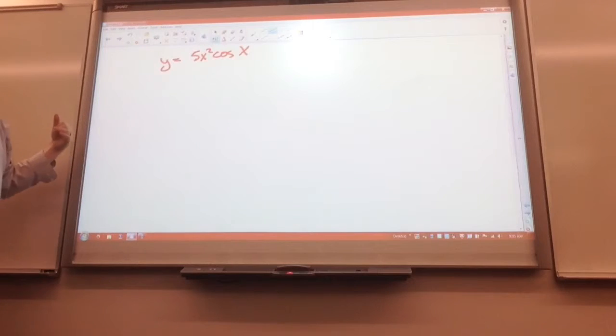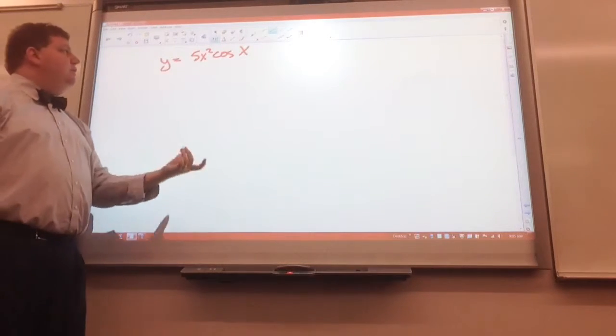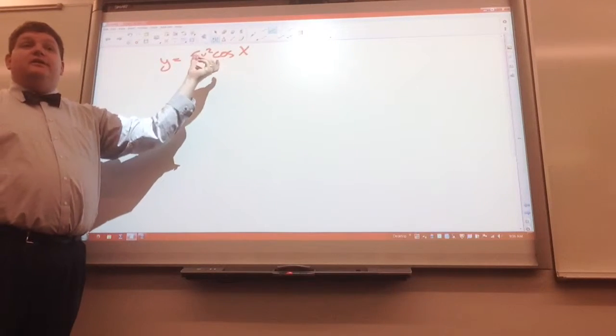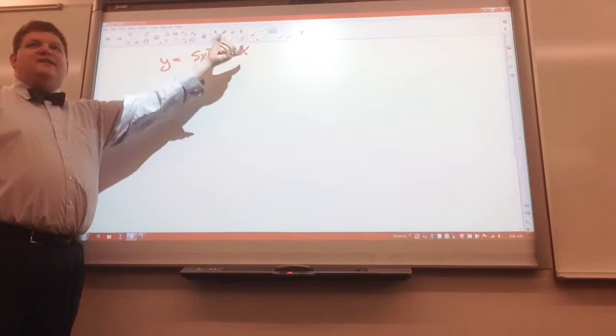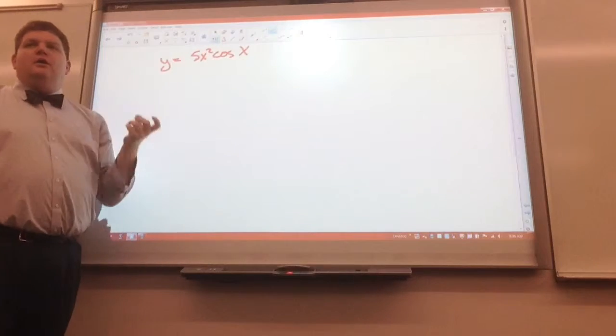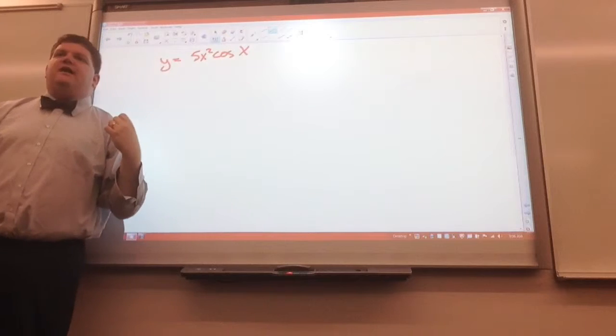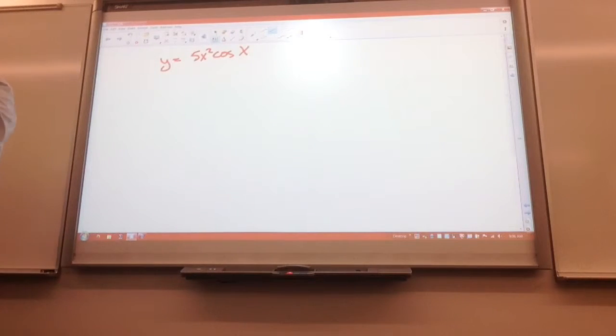The power rule, for example, is only going to work if x is by itself. Is x by itself here? No, it's got this cosine of x in the way, right? The rule I've got for taking the derivative of the cosine is only going to work when it's the cosine by itself, not cosine with an x squared out in front of it.